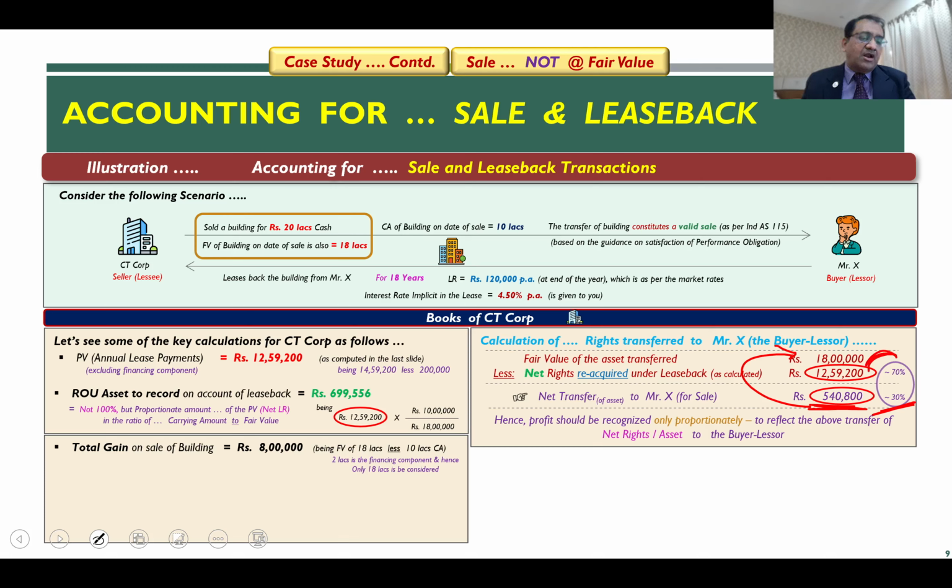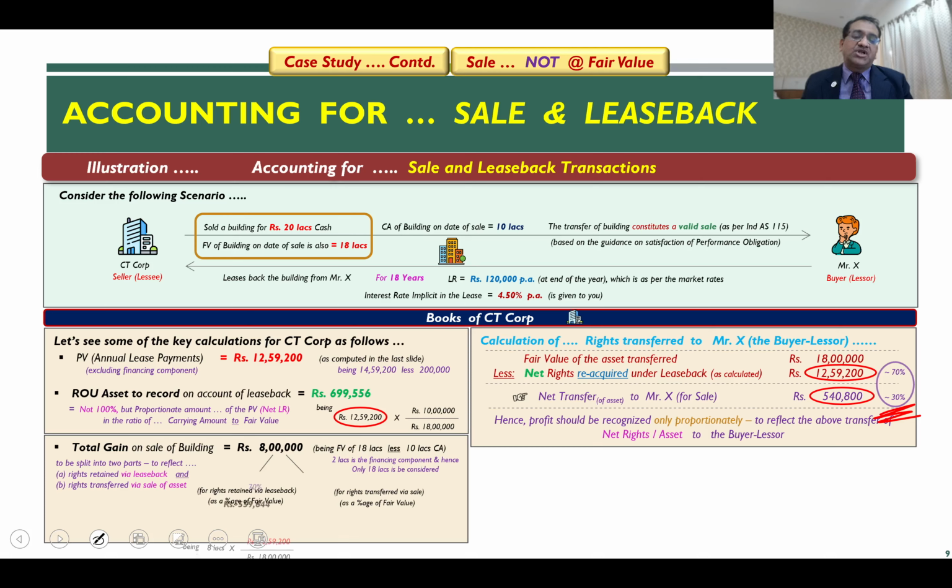As a corollary, if 30% has been transferred, that means 70% has been retained by way of the leaseback transaction. Therefore, out of the total profit of 8 lakh rupees, only to the extent of the portion which you have transferred, that is only 30%. So 30% of 8 lakh is the only amount which you will be able to recognize in the P&L as the gain on transfer of the building.